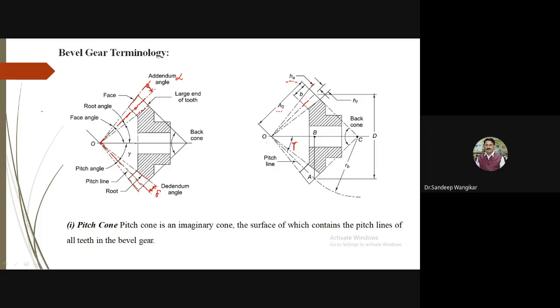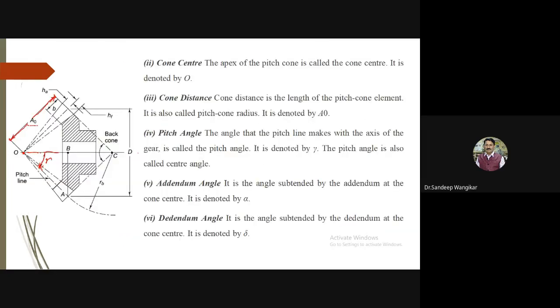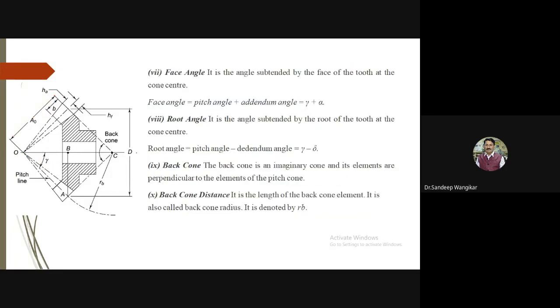So the face to center line is the addendum angle, and the pitch line to root is the dedendum angle. The angle subtended by the addendum at the cone center is called the addendum angle, denoted by alpha, and the dedendum angle is denoted by delta. We have discussed which angles we call the addendum and dedendum angles by referring to the figure.